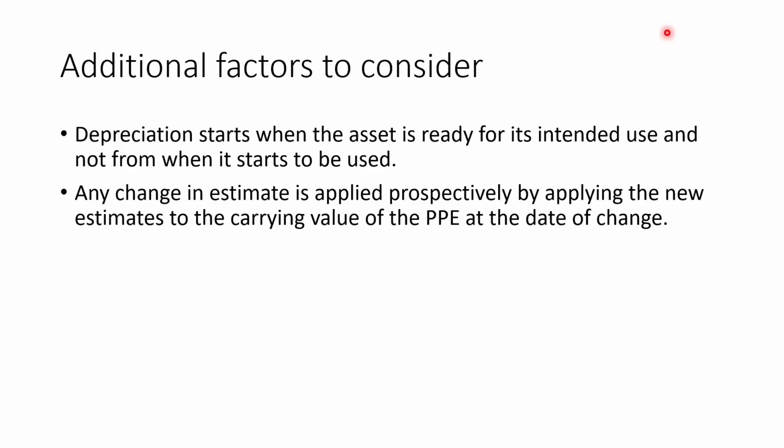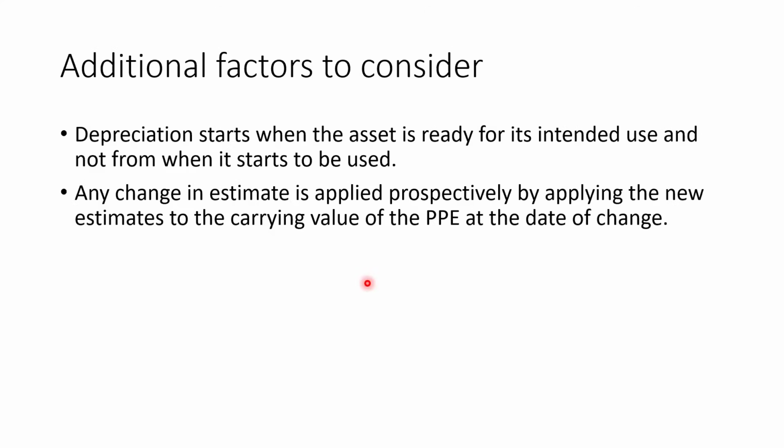Equally, when you change the estimate too, there is a procedure for you to follow. Whenever you change the estimate, you have to use the prospective application. Prospective simply means that you use the new estimate in the year of the change. You won't go to previous years to make any changes. You only start from the year that you changed it. That's why we say prospective application.